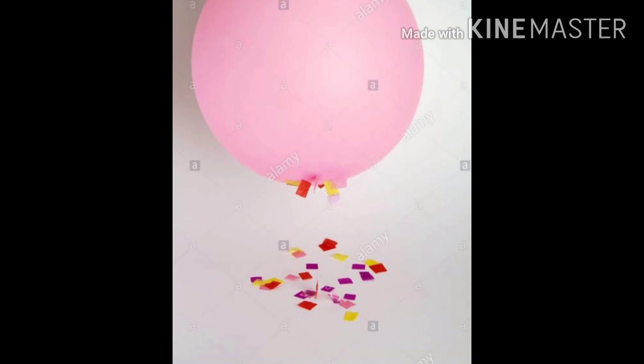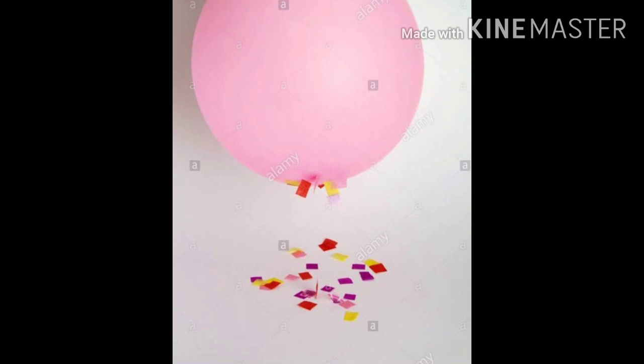Rub the balloon with a paper and bring the balloon near the pieces of paper. What happens now? Are the bits of paper pulled towards the balloon? Why does the balloon pull or attract the pieces of paper? Try to use pepper and salt in place of pieces of paper. What do you observe?